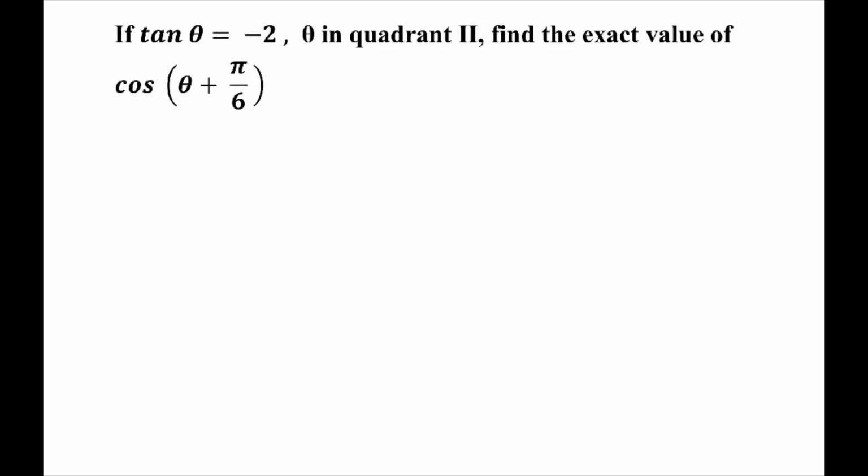Tangent theta equals negative 2. Theta is in quadrant 2. Okay, so cosine of theta plus pi over 6 is equal to cosine theta multiplied by cosine pi over 6 minus sine theta times sine pi over 6.